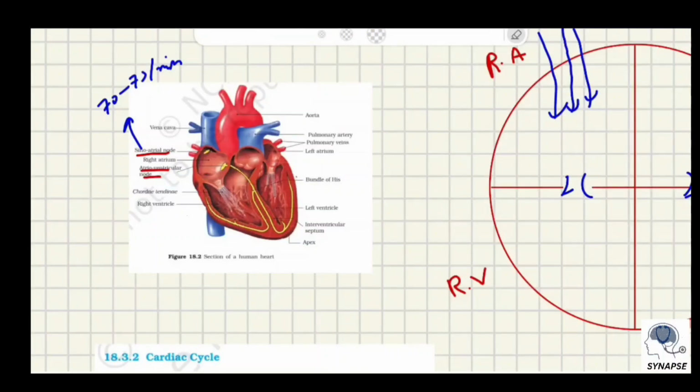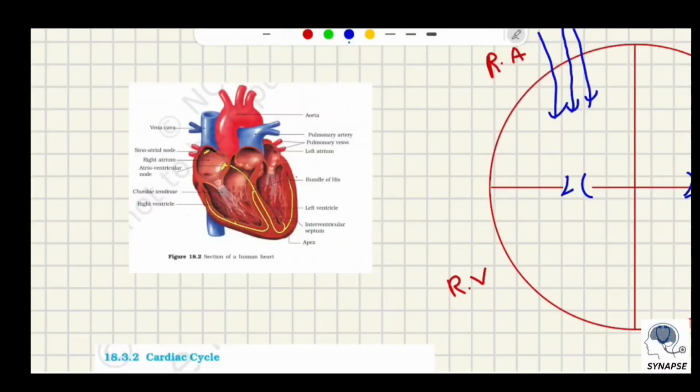That is actually a very huge number, and this corresponds to your heart rate. We say the average human heart pumps 72 times per minute, which corresponds to the autoexcitable nature of your SA node.